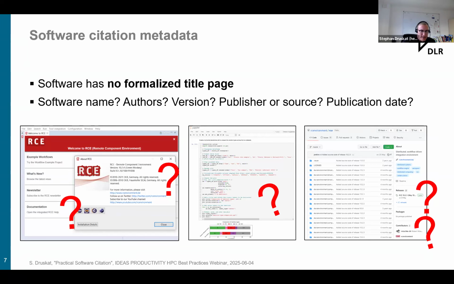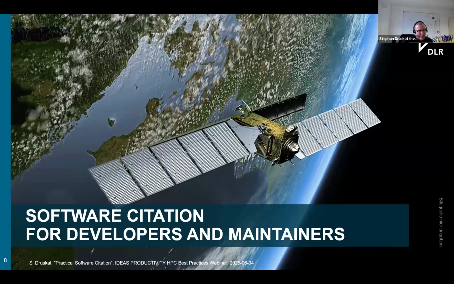For example, indexers that want to find out what software has been published, in which versions, etc. So the projects where the software is developed are actually the only places that can determine the complete and the correct citation metadata for the software, for every version of the software, etc. And therefore, it's the task of the developers and the maintainers to provide the metadata. And how you can provide the metadata is what I'll get into now. This is the part on practical software citation for developers and maintainers.